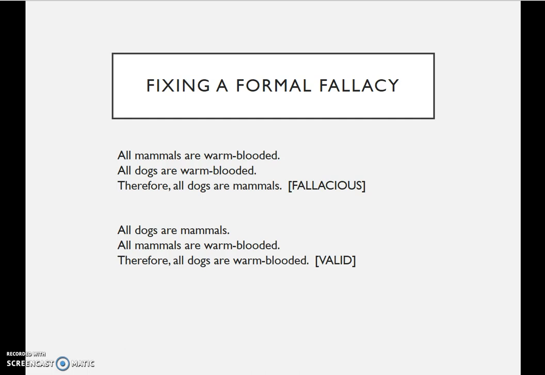So the one at the top is fallacious. The one at the bottom has the same elements but arranged in accordance with a valid form. So it is a valid argument. The fallacy was formal. It had to do with the structure of the argument.